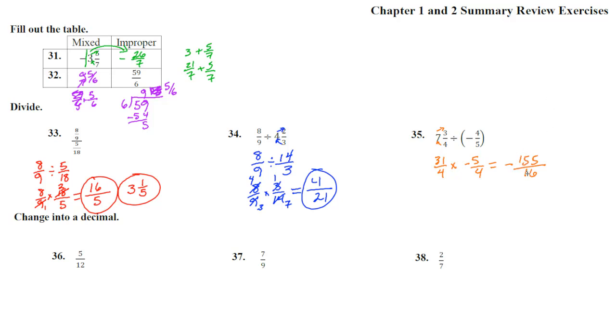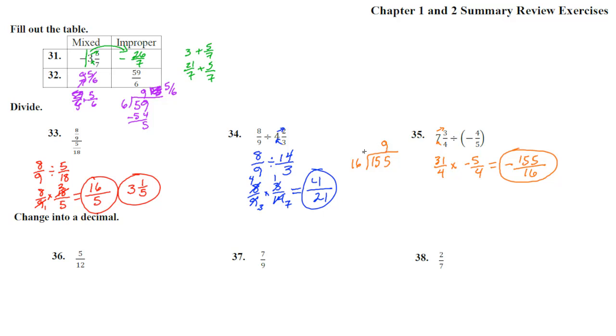Well, it's an improper fraction, so that's one way to leave the answer. Or 16 goes into that. Let's see if we can turn it into a mixed number. 155 divided by 16. Well, it's not quite 160, so it doesn't go in 10 times.